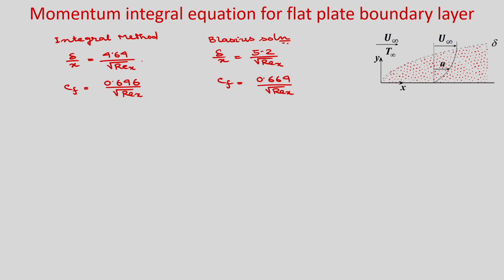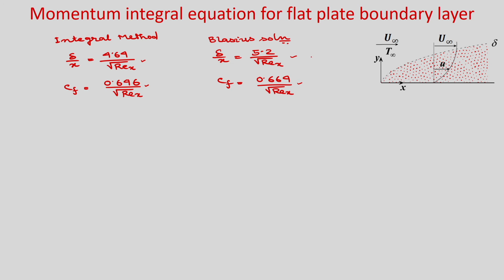First step is that you have to integrate the governing equation, then you assume the velocity profile and next you find the unknown variable. Using the integral approach we have found delta by x as well as the friction coefficient Cf in terms of the Reynolds number, and finally you can compare the results you got from the integral method with the exact solution.